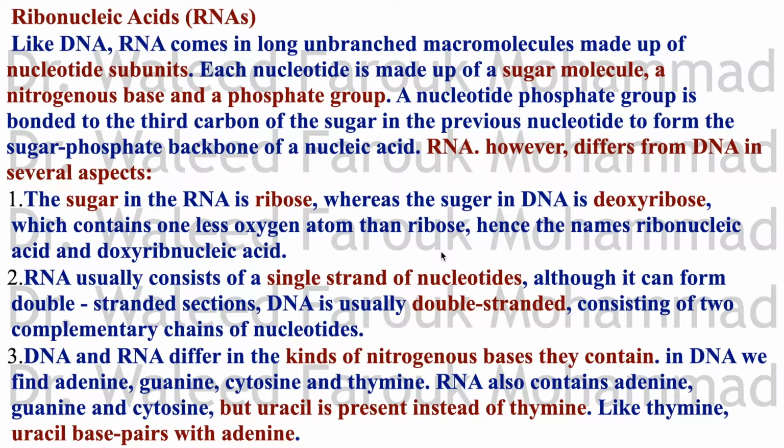But DNA contains thymine, and instead of thymine in RNA, it's replaced by uracil. And also uracil, like thymine, base pairs with adenine. Okay, so another difference between RNA and DNA: adenine, guanine, cytosine are present in both, but instead of thymine of DNA, there is uracil in RNA.